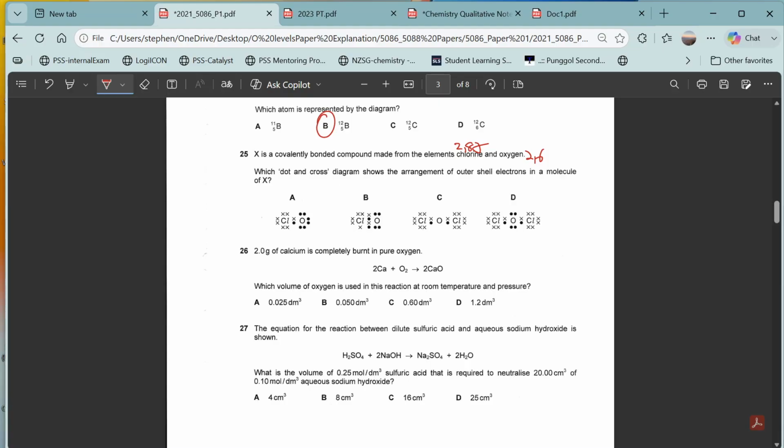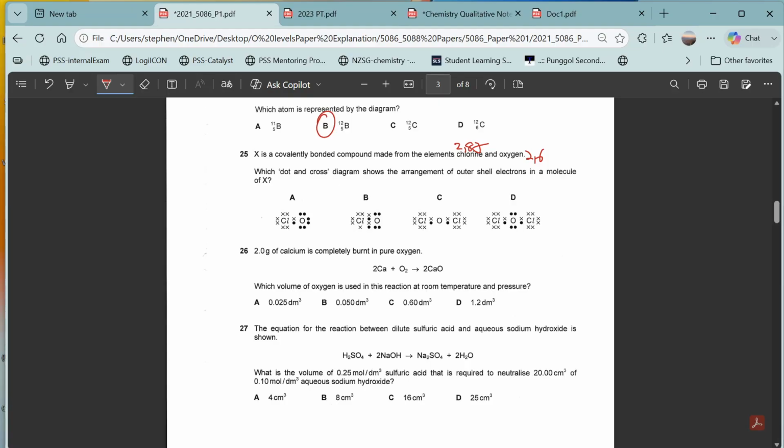But then again, after they combine, the outermost shell can hold only a maximum of 8 electrons. Cannot be 9, cannot be 10, right? For a normal covalent bonded compound. But I must tell you that there are some molecules that can hold 9 or 10 valence electrons, okay, for covalent compounds. But I don't think you'll be asked in your syllabus.